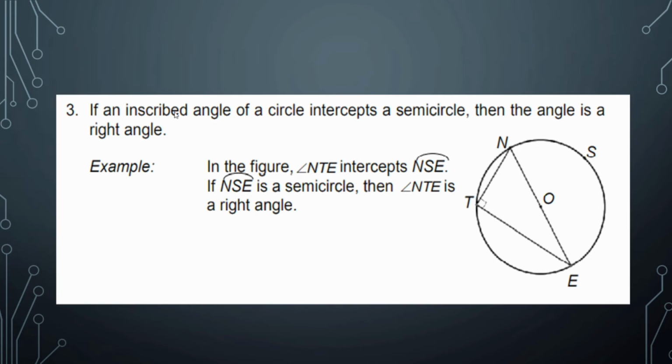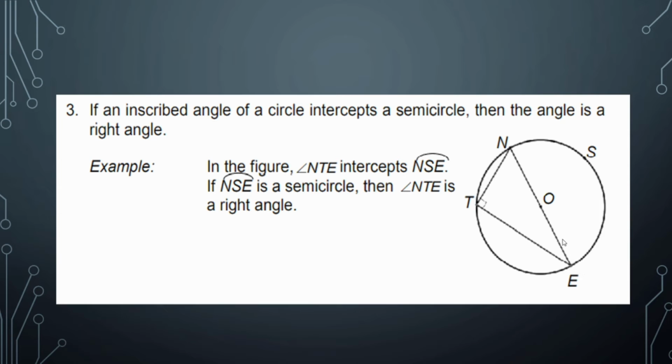So, if an inscribed angle of a circle intercepts a semicircle, then the angle is a right angle. So, angle NTE. The intercepted arc is arc NSE.